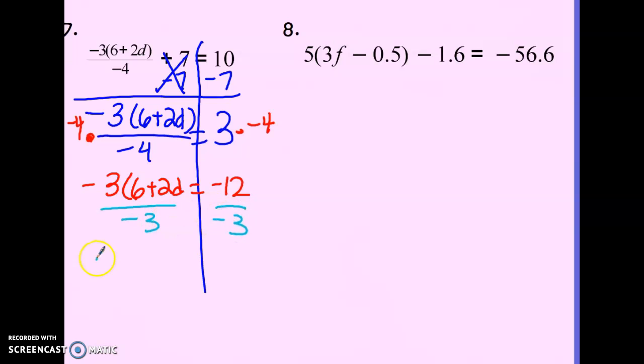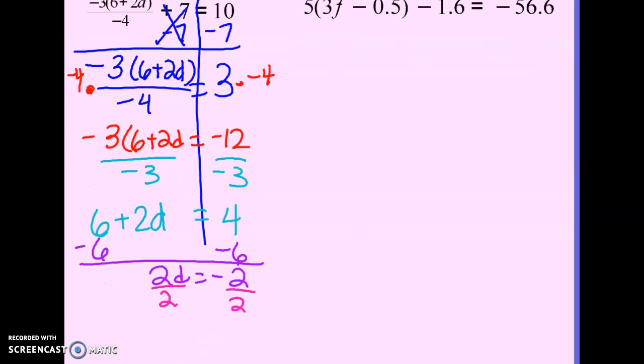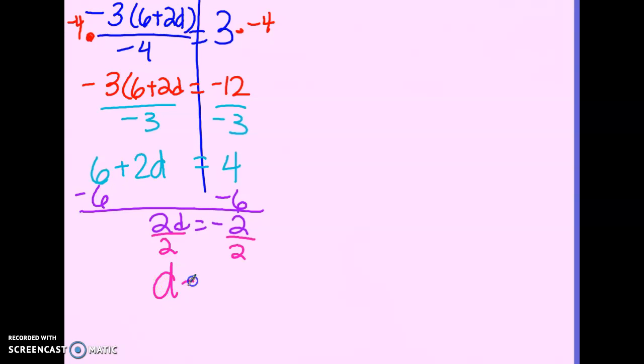That leaves me 6 plus 2d equals, and the negative 12 divided by negative 3 is a positive 4. And at this point, now I just have a two-step equation, so I'm going to subtract 6. That leaves me 2d. 4 minus 6 is negative 2. And then I'm going to divide both sides by 2, which leaves me d equals negative 1.